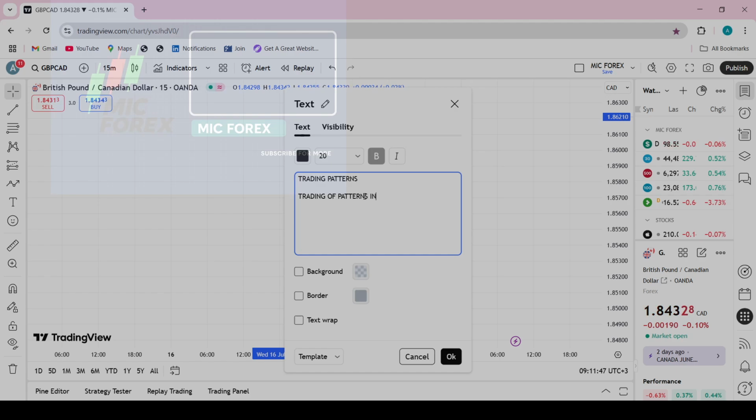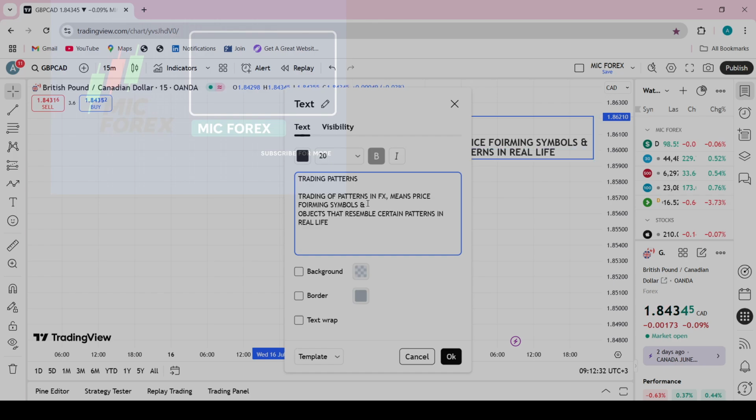So trading of patterns in Forex comprises price forming symbols and objects that resemble certain patterns in real life situations.